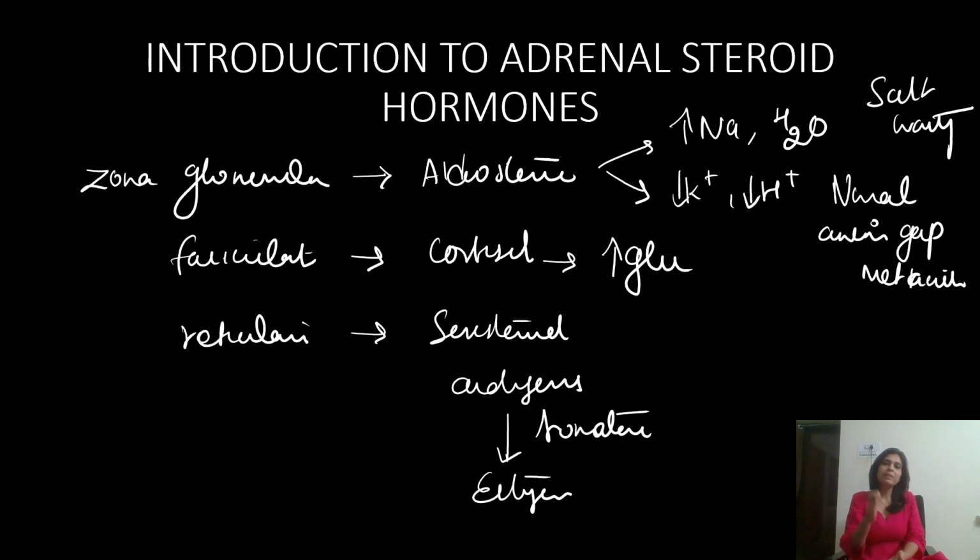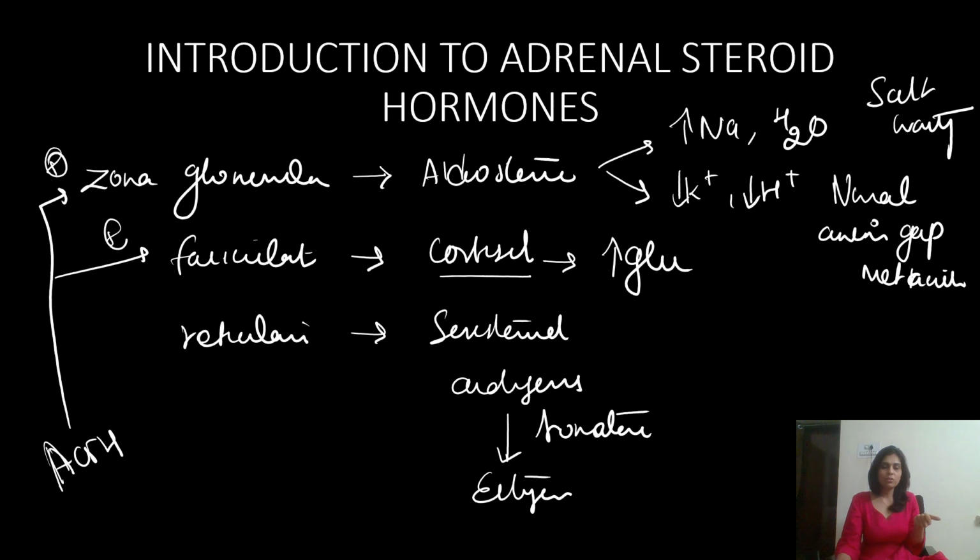So what do you expect when glucocorticoid concentration is low in a person? In that case, you expect hypoglycemia. And apart from this, please remember glucocorticoid cortisol is the principal regulator of ACTH secretion. The anterior pituitary hormone ACTH stimulates all three zones: zona glomerulosa, fasciculata and reticularis, to release the mineralocorticoid aldosterone, the glucocorticoid cortisol and the sex steroid androgens.